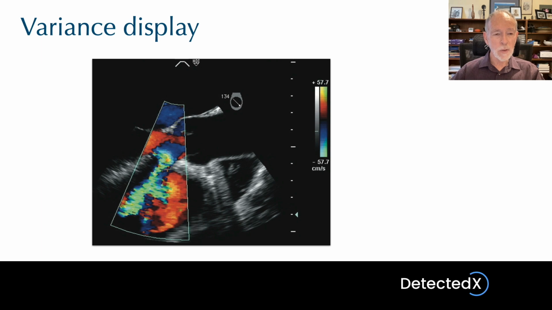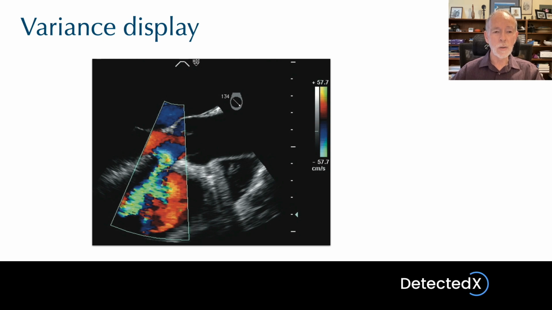So if you think about what the variance is, it's measuring the range of Doppler shift values in each sample volume. If we have a large variance, that means there's a wide range of Doppler shifts. We refer to that as spectral broadening, and it's one of the classic signs of disturbed or turbulent flow. So this green display is highlighting areas where the blood flow is not smooth, but rather it is disturbed and perhaps completely chaotic and turbulent.